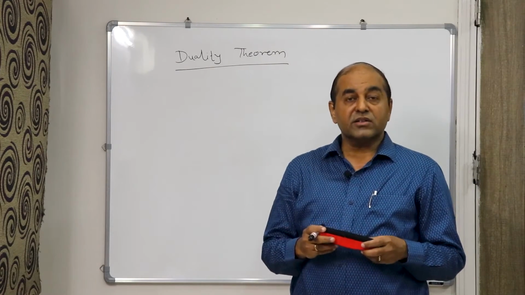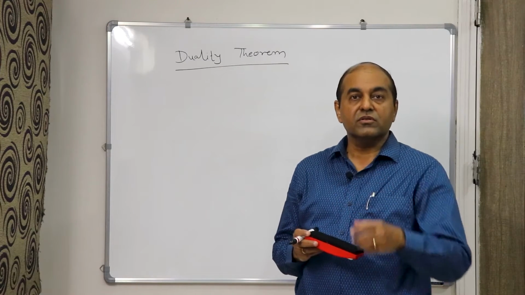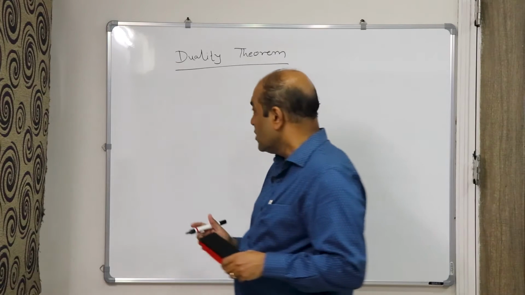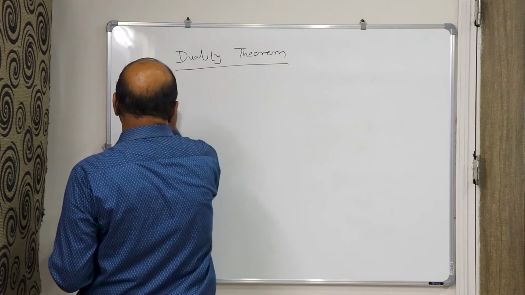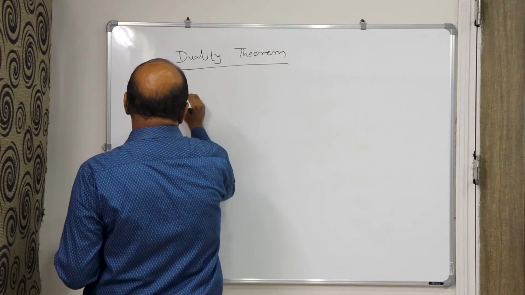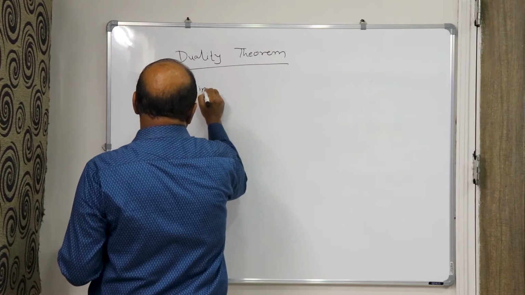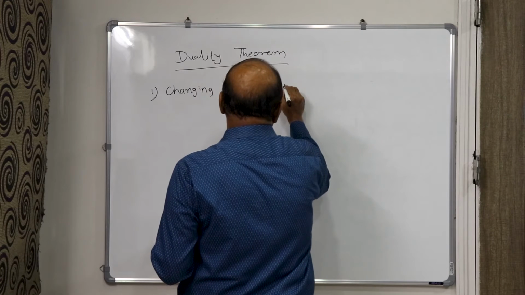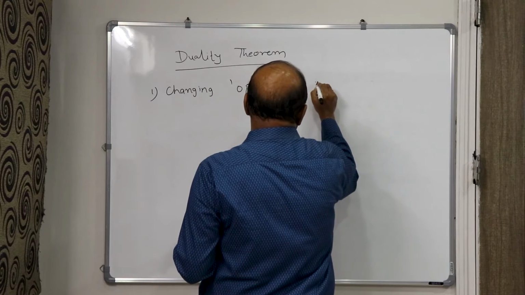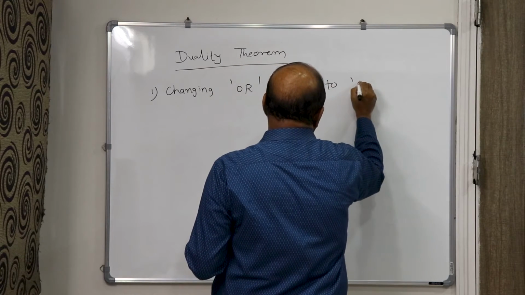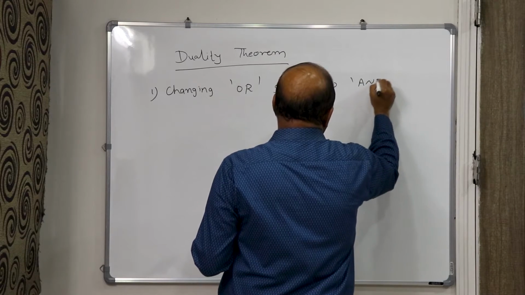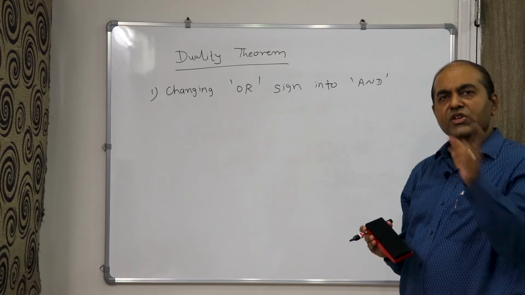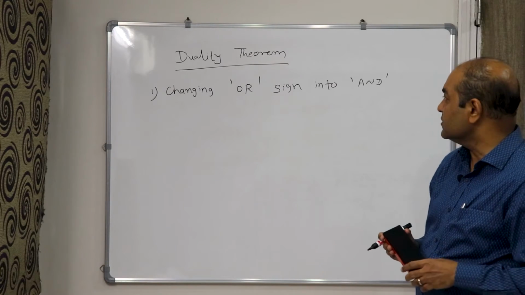In this duality theorem that I have told you, which is used in advanced mathematics, there are three different rules. Rule number one: changing OR sign into AND sign. Every OR sign is changed into AND sign. I will give you the example.